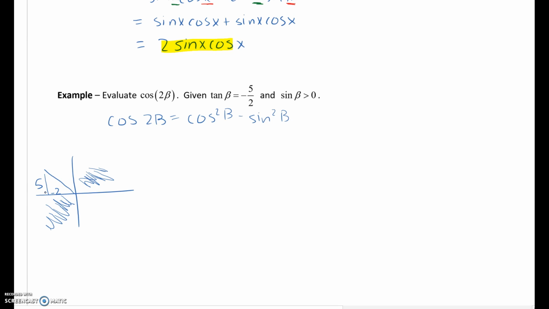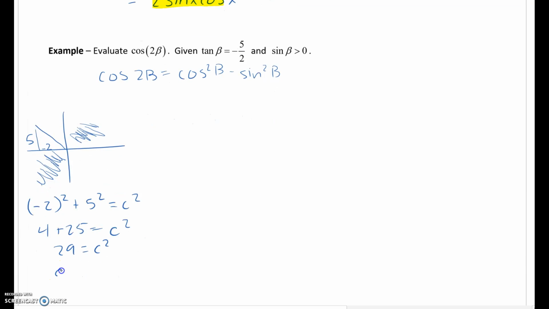And then we need to find the hypotenuse so that we can do the sine. So you have negative 2 squared plus 5 squared equals c squared. 4 plus 25 equals c squared. 29 equals c squared. So c is going to be plus or minus the square root of 29. Hypotenuse is always positive, so this is going to be the square root of 29. So we need to find cosine squared and sine squared.